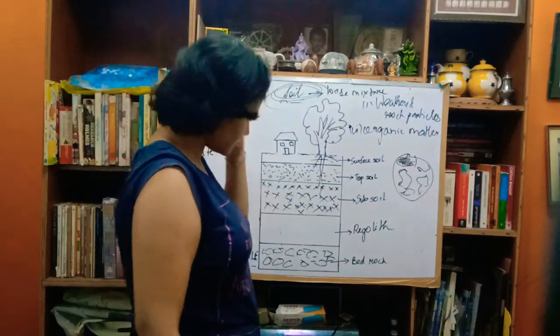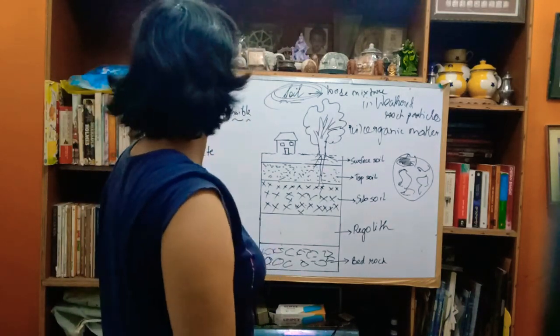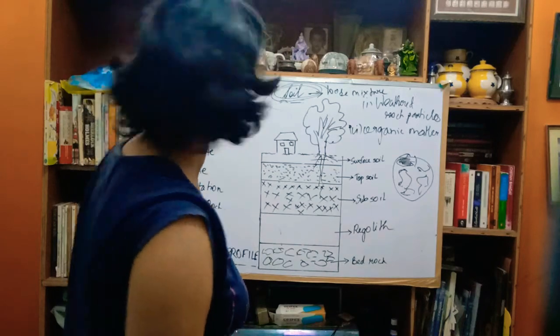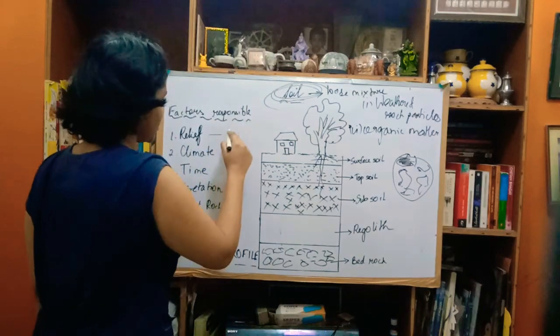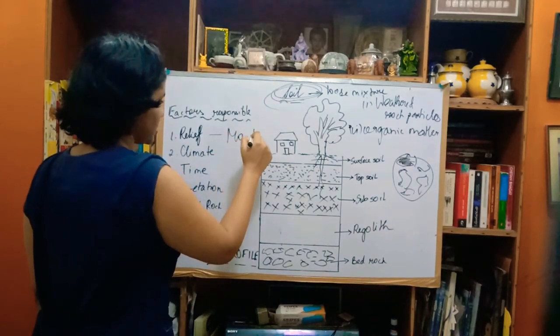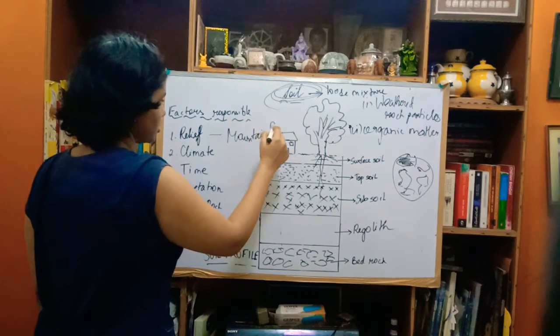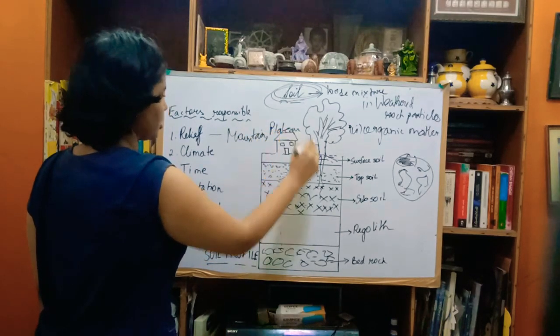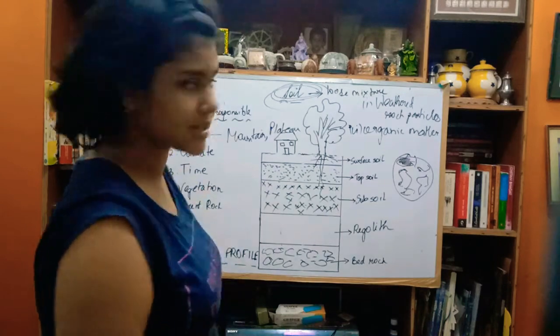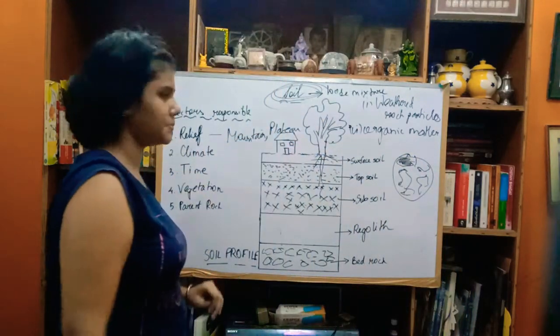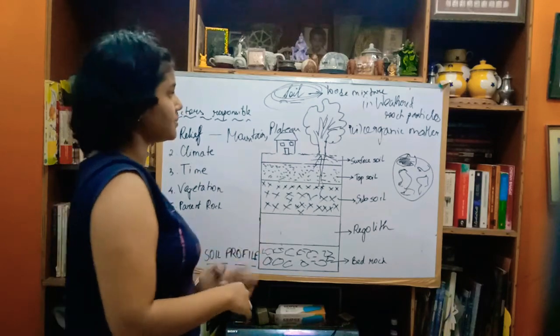Now, there are some factors responsible. What are they? Relief. Relief means land features like mountain, plateau. They are all relief features. Climate, of course, the weather conditions of a place. Time. It needs time to weather.